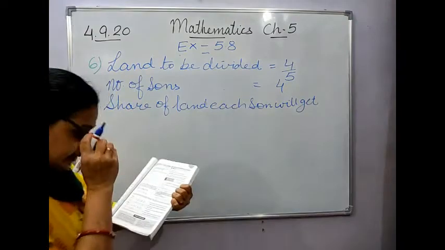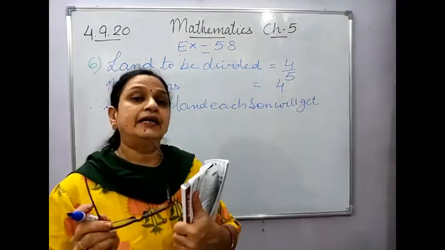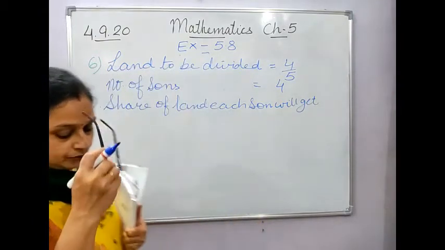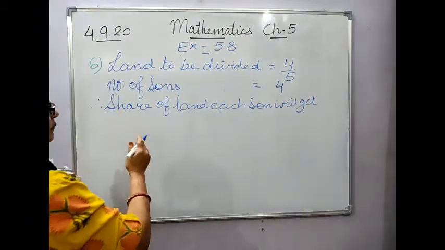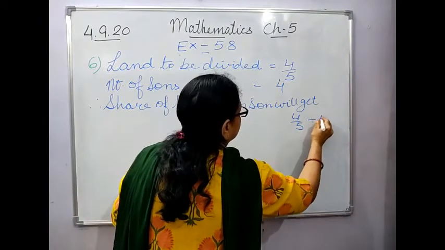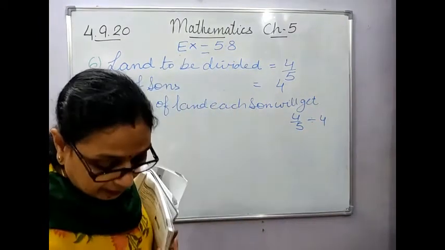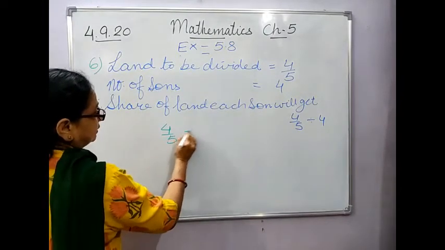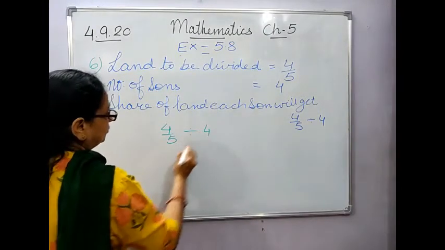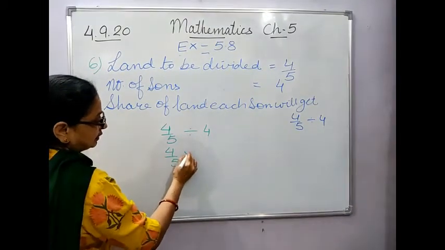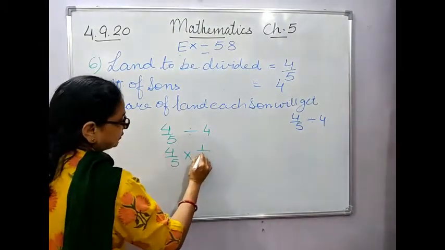See, it is clearly written, the farmer divided. That means you have to divide in this sum. So it will be 4/5 divided by 4. As usual, convert this sign into multiplication. This will get reciprocated.